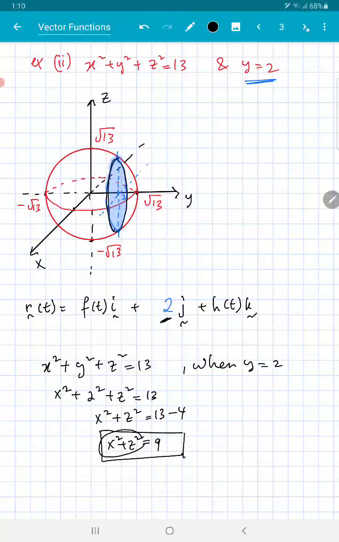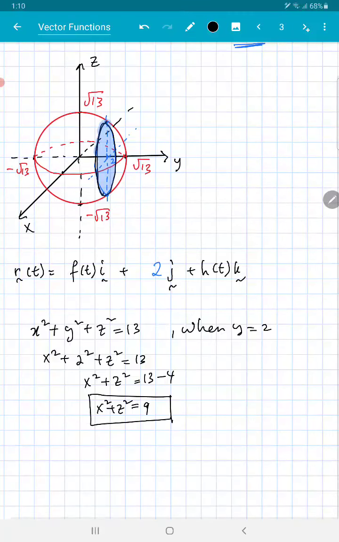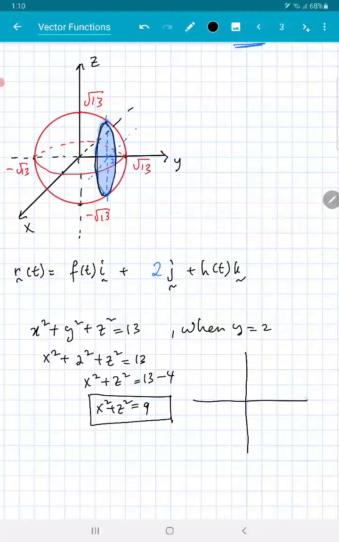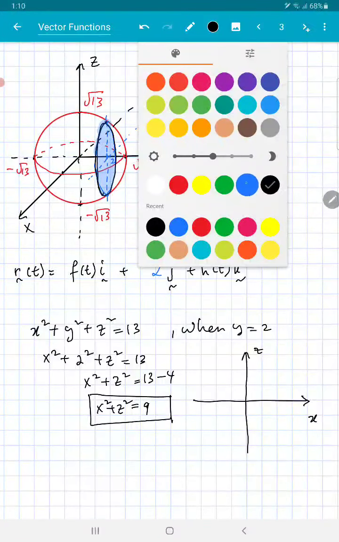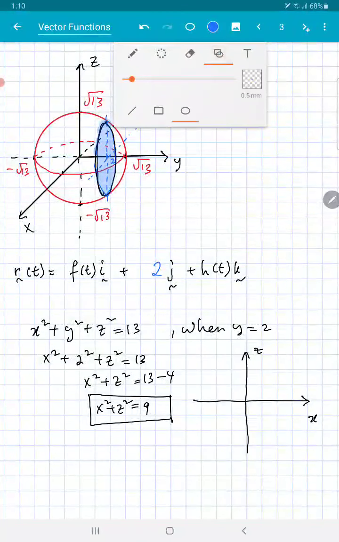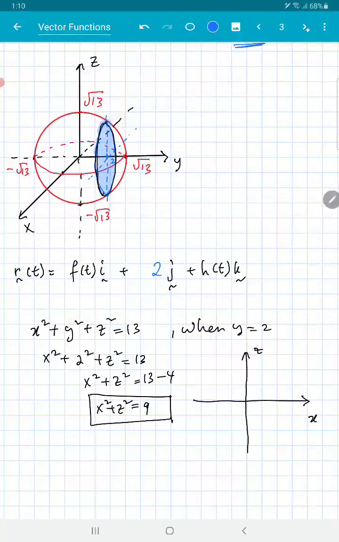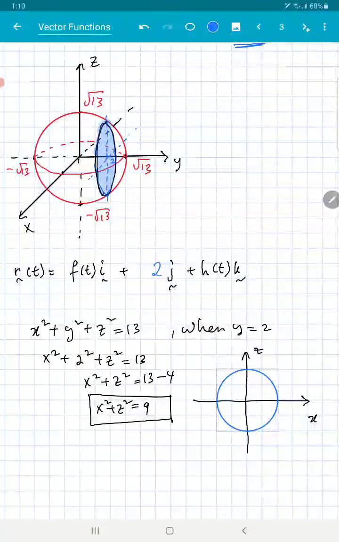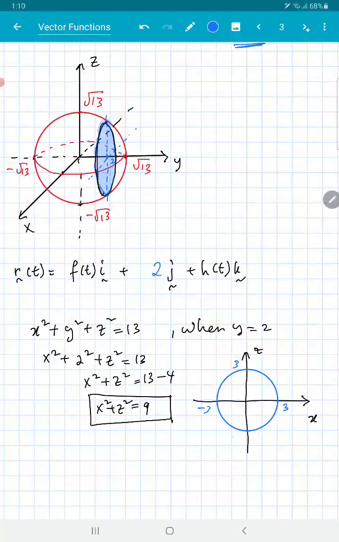Since our intersection curve is a circle, I'm going to draw a circle here between x and z, of radius 3.